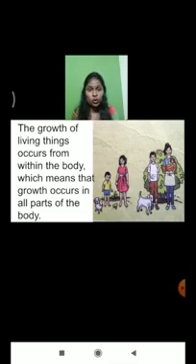Okay, so the growth of living things occurs from within the body, which means growth occurs in all parts of the body. As you can see, a baby will develop into an adult.